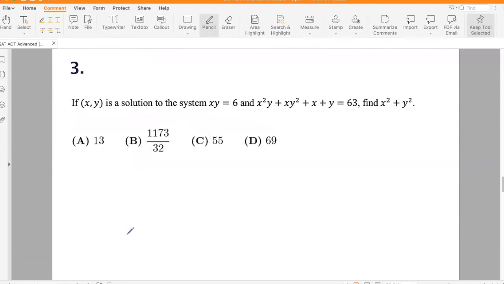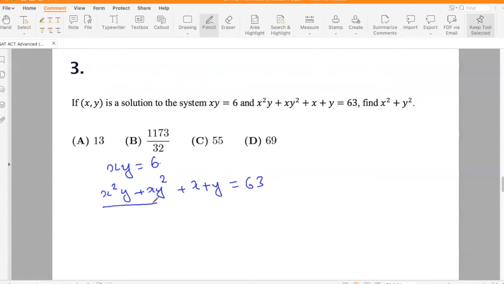If xy is a solution to the system, xy is equal to 6 and x squared y plus xy squared plus x plus y is 63. Find x squared plus y squared. Okay, so we are given that xy is 6 and x squared y plus xy squared plus x plus y is 63.